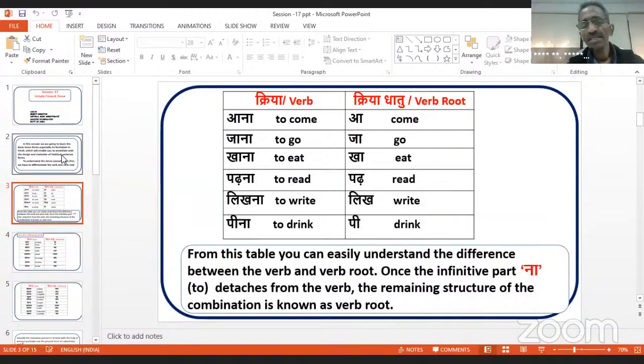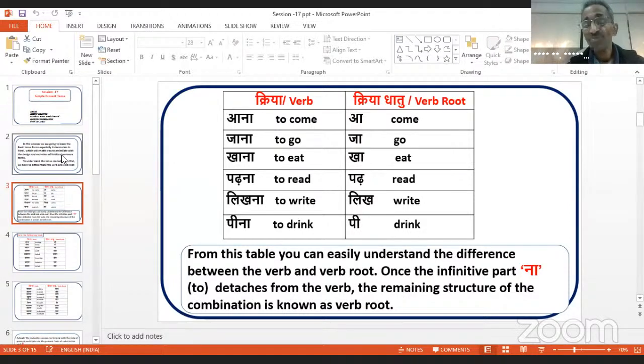The verb root of the verb ana is a. The verb root of the verb jana is ja. The verb root of the verb khana is kha. Padhna, padh. Likhna, likh. Pina, pi.